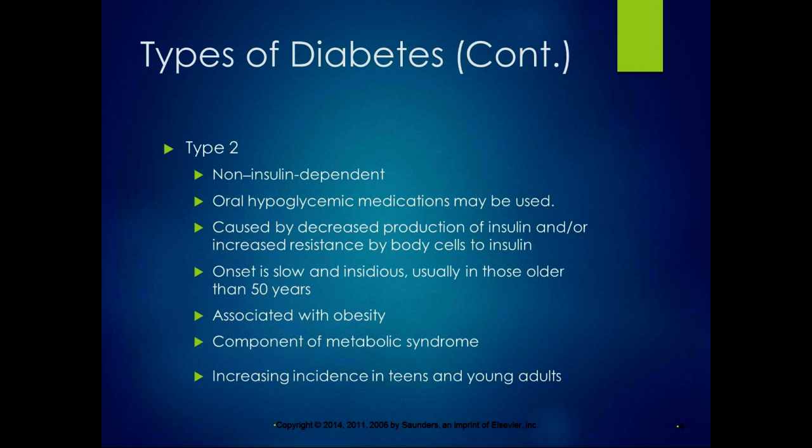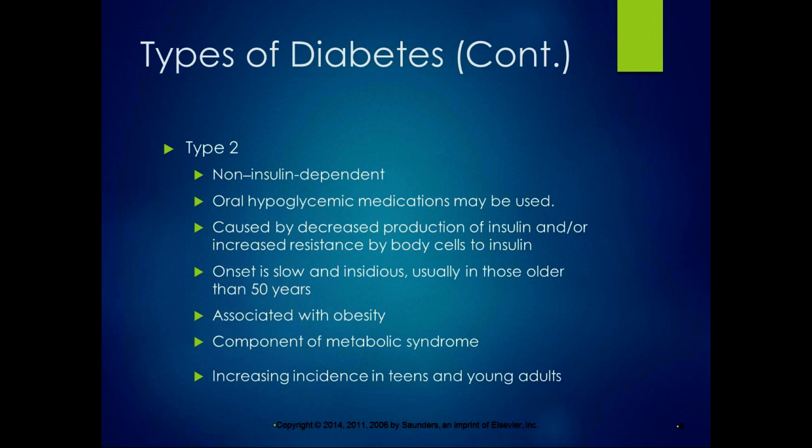Type 2 diabetes is the non-insulin dependent type. Often oral hypoglycemic medication is used. It's caused by either a decreased production of insulin or increased resistance by body cells to insulin. So that insulin resistance is a big part of type 2. The onset is slow and insidious, and it's usually in people older than 50 years, although obesity can play a factor in people younger than 50.